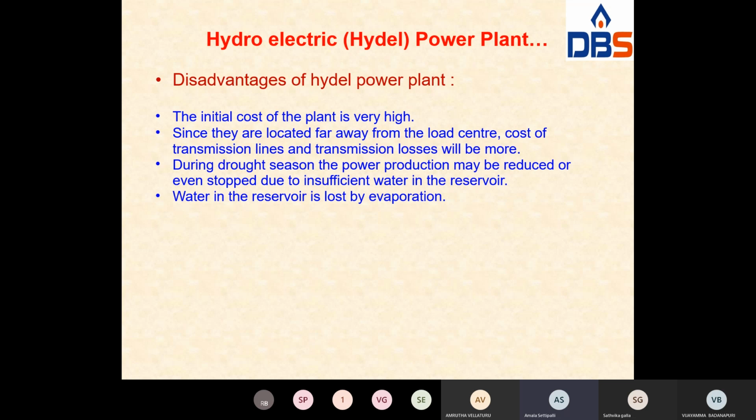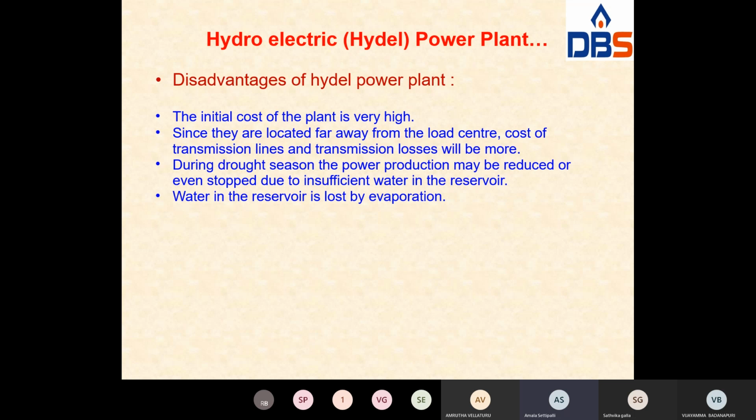Okay, during drought season the power production may be reduced or even stopped due to insufficient water in the reservoir. Already I said previously, the drought season occurs in summer, and in Telugu I will say drought is nothing but karu. So whenever the drought season occurs, the power production may be reduced.